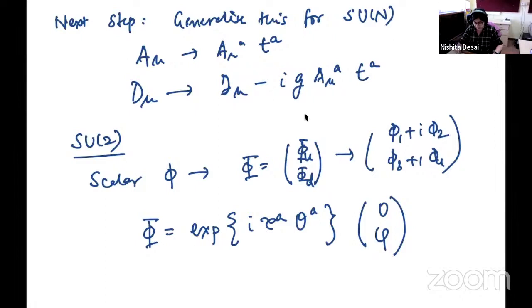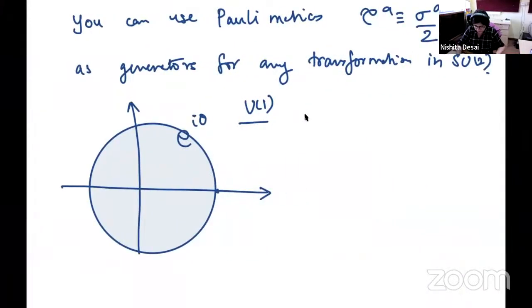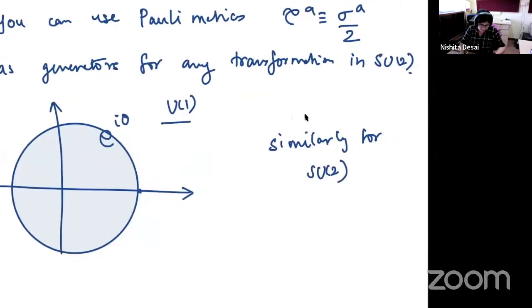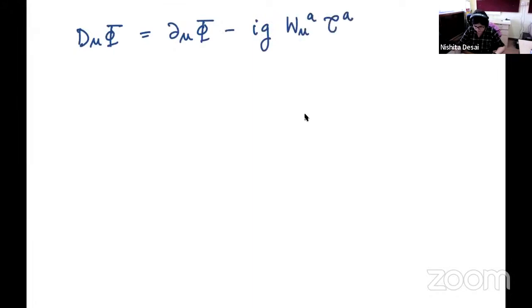Okay? So we're going to write our phi in this form here, and then essentially repeat what we did before. So what we want to do is write a del mu phi. And remember now in this case, we would have minus i g phi, right? And this guy we saw last time looks like this.